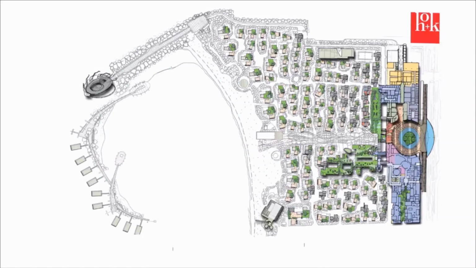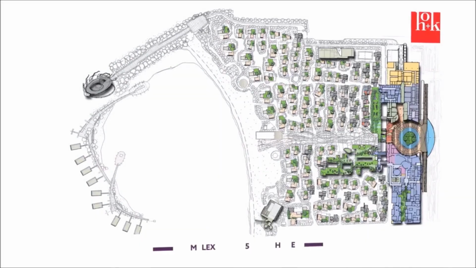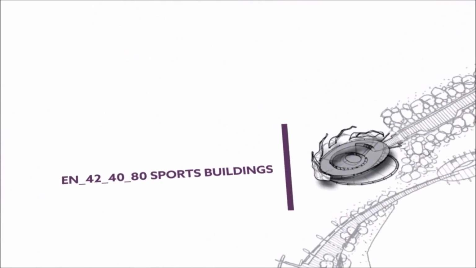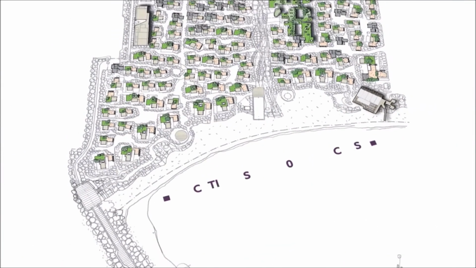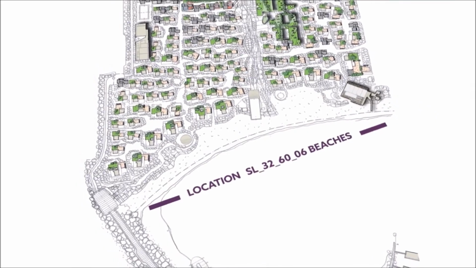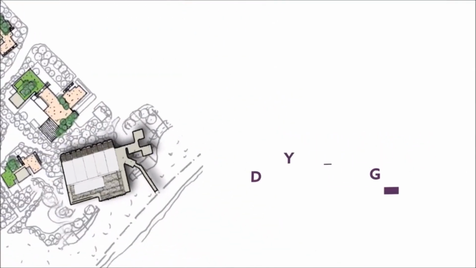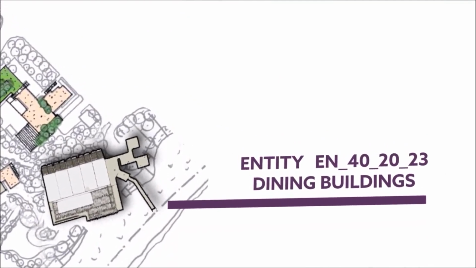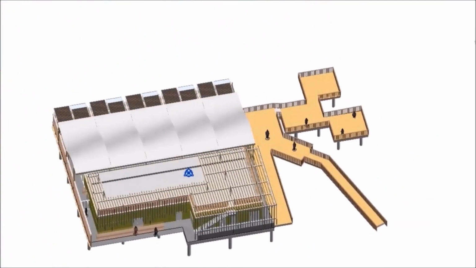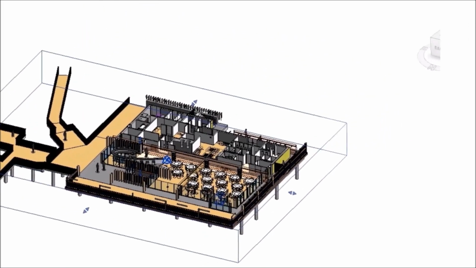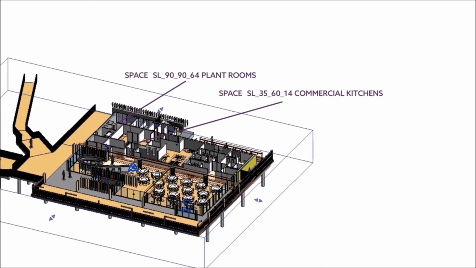So to give this some context, on this holiday complex we have a sports building entity, a beach and outdoor play location. But then if we drill down into the dining entity in more detail, we can see that this is subdivided into multiple spaces.